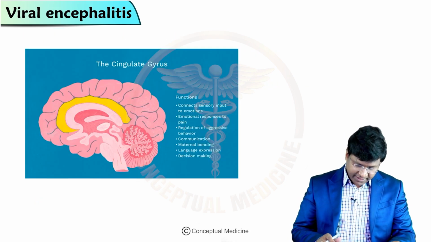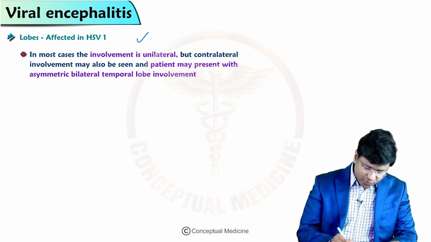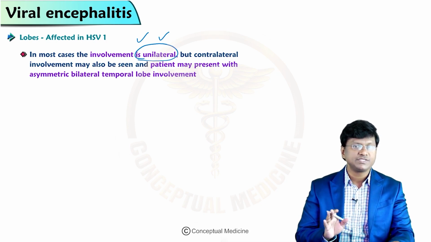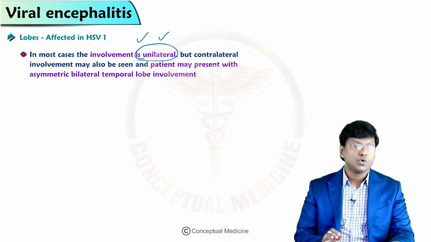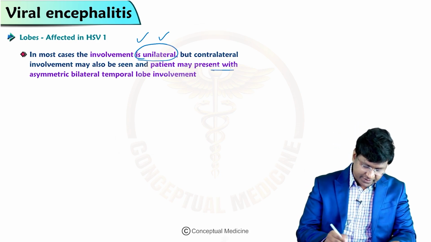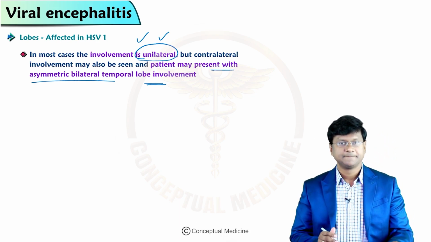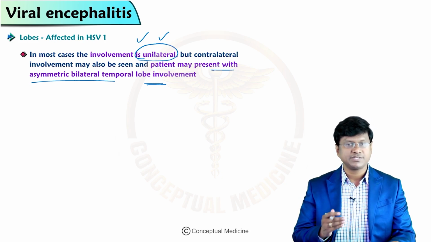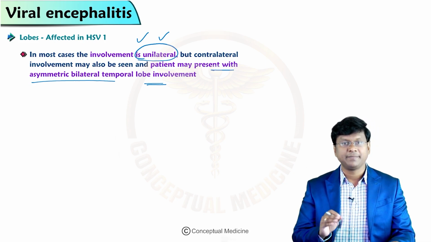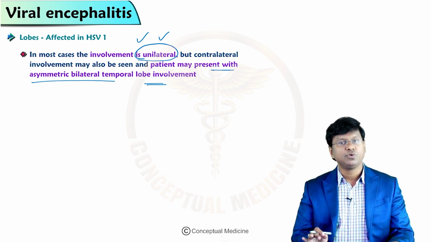Now, even if you take this lobe involvement, in most cases the involvement is unilateral, but contralateral involvement may also be seen, and patients may present with asymmetrical bilateral temporal lobe involvement.